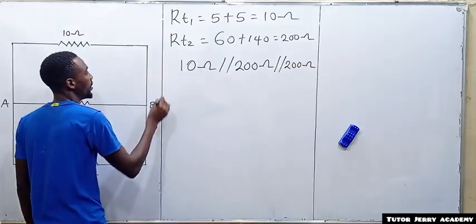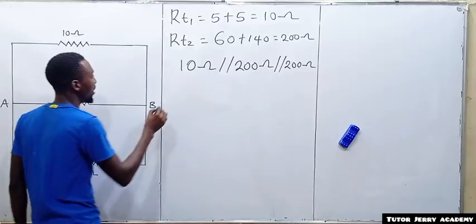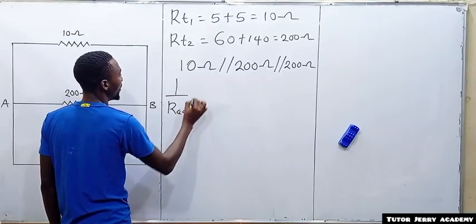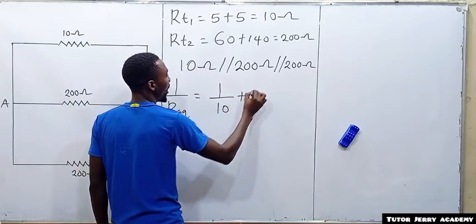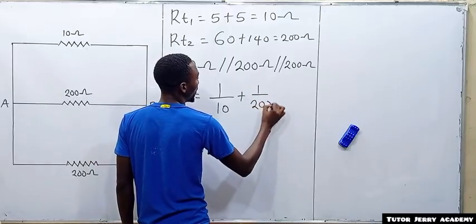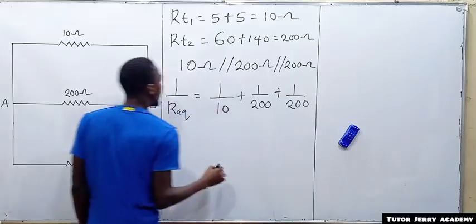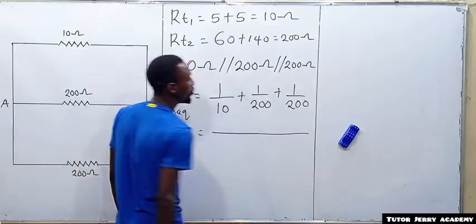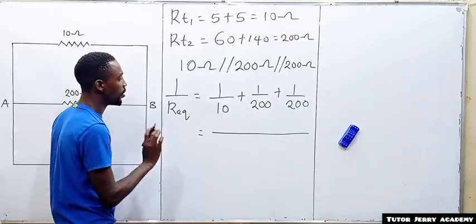Alright, so for the equivalent resistance between terminal A and B, 1 over R equivalent will be equal to 1 over 10 plus 1 over 200 plus 1 over 200. The LCM of 10, 200 and 200 is nothing but 200.